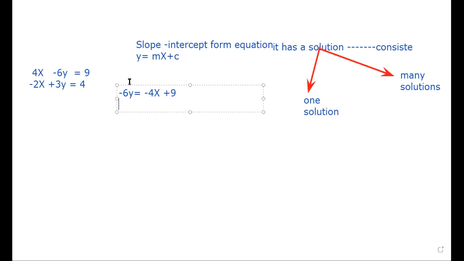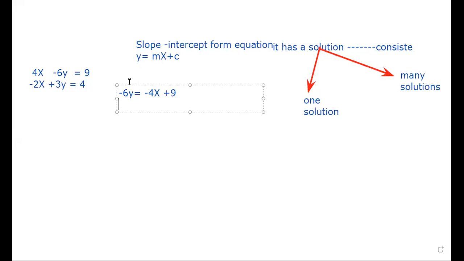I transferred 4x to the opposite side to follow the general form. Or it's better to say you transfer negative 6y to the right side to make it positive. In both cases we will have the same answer. But now we have negative 6y equals negative 4x plus 9.